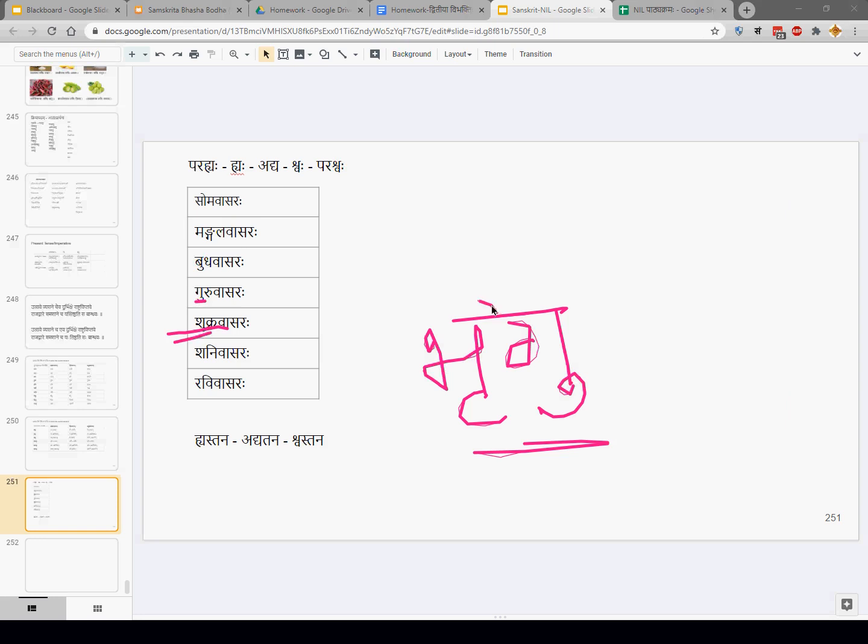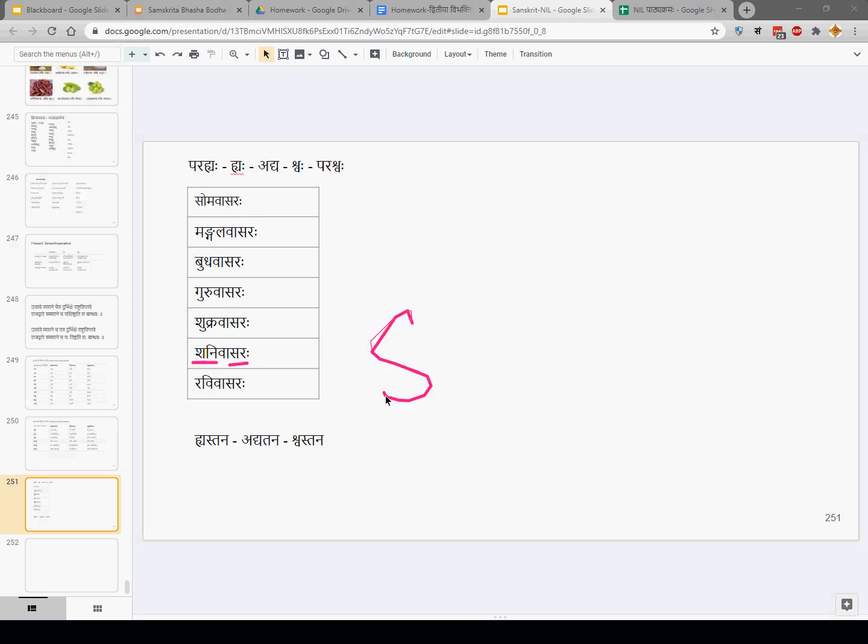Because there is a connection between this Bhrigu, the teacher of demons, and that Shukra, because of lineage. That's why they are named the same. Then Shanivasaraha. This is named after the planet called Shani. Shani is Saturn. You all know Saturn. This is Saturday, Shanivasaraha.